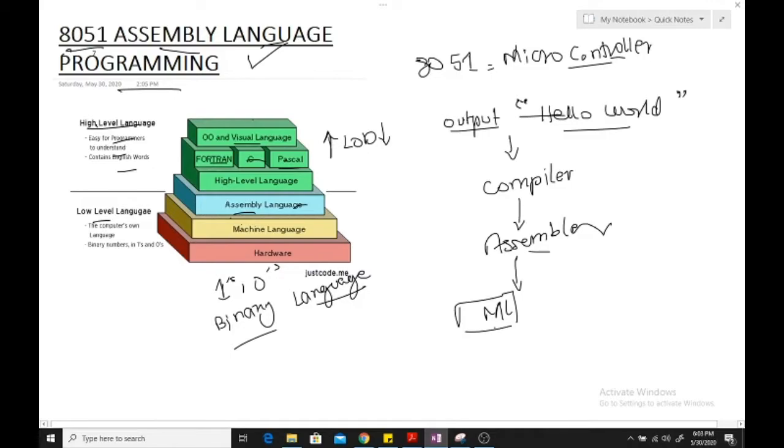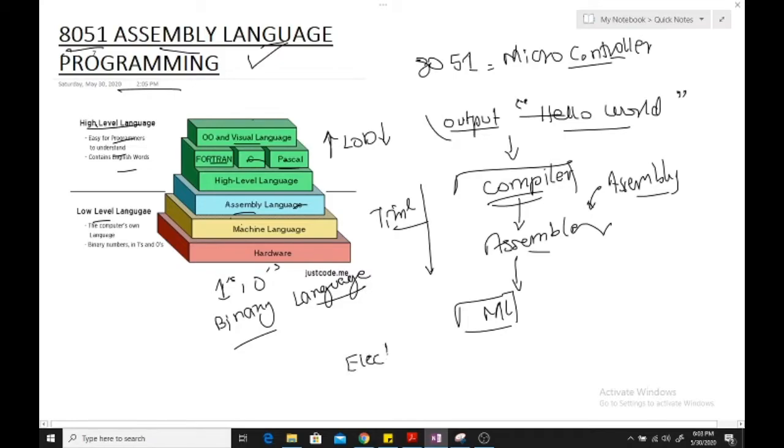What assembly language does is bypass the compiler part, and it goes directly to the assembler and is processed. So the compiler is skipped, and that saves a lot of time. And as we know, in electronics, time is a treasure. Even a delay of micro and milliseconds can cause a lot of harm. So this is the use of assembly language.